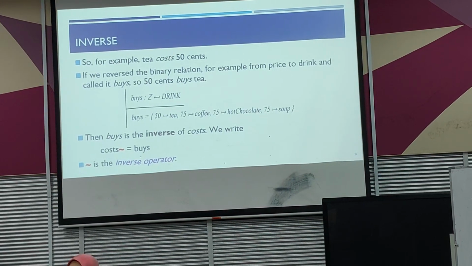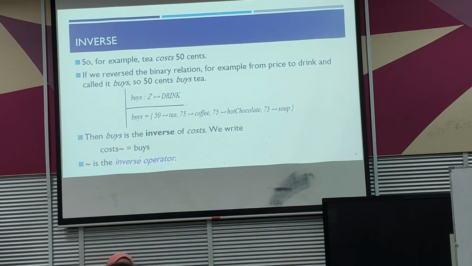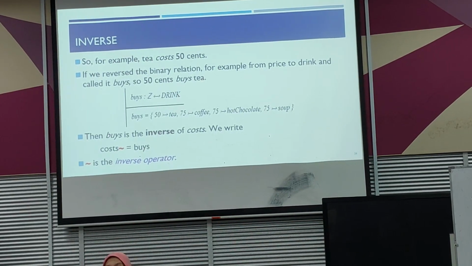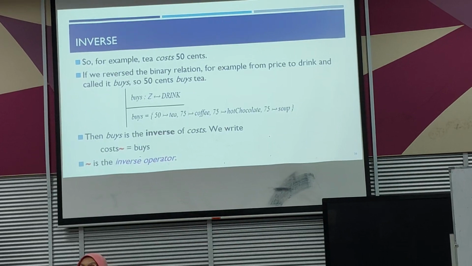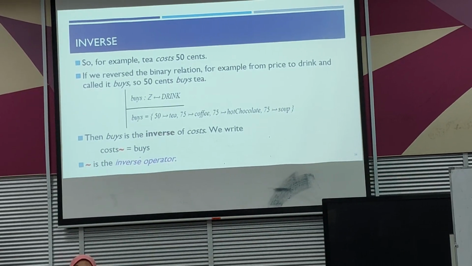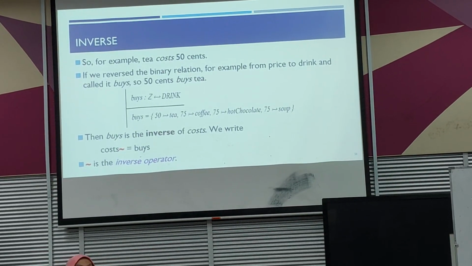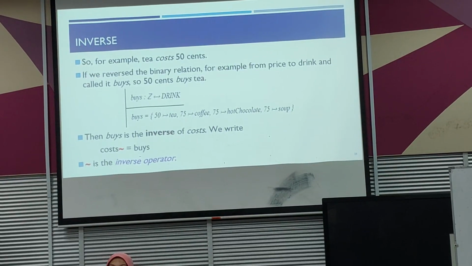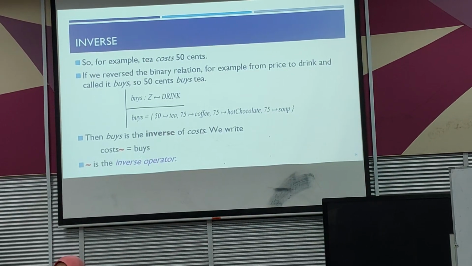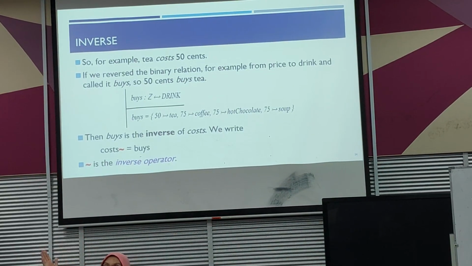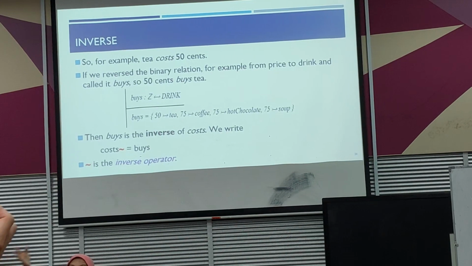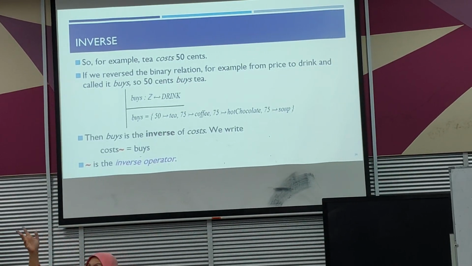Rather than I do a lot of things, I can just use one operator here, inverse, to swap. My range becomes domain, my domain becomes range. So all the data, there's now ID name. When you use inverse, it becomes name ID. The domain becomes name, the range becomes ID if you use inverse.